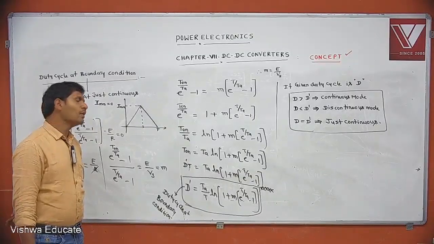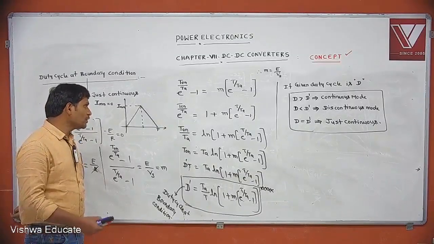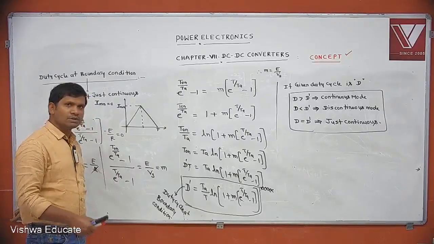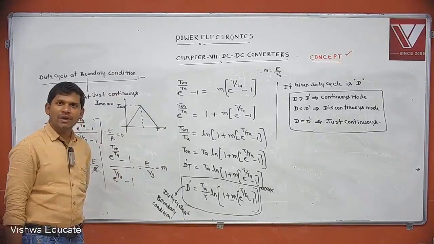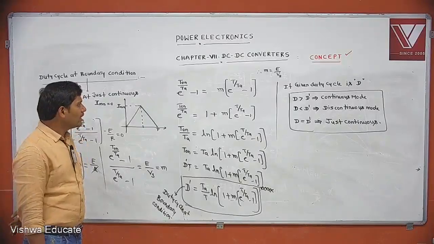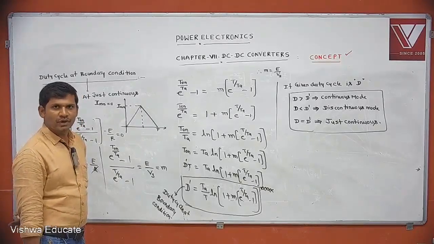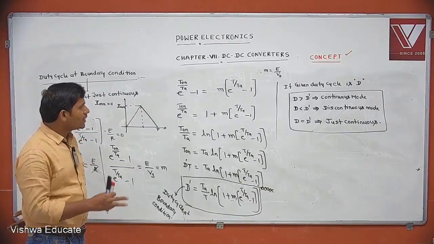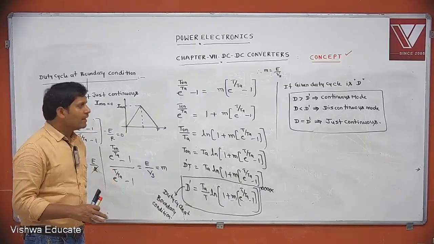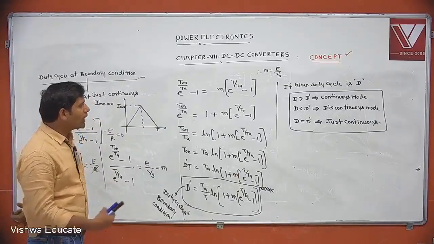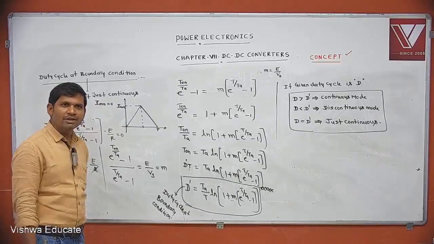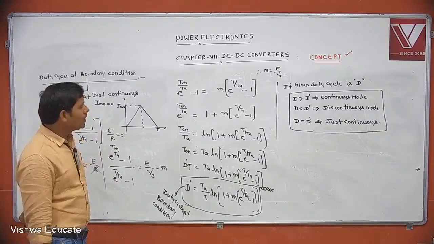Some concepts with respect to steady state analysis of type A chopper still remain, and will continue in the next session. If type A chopper is operated in discontinuous mode, how to write the formula?